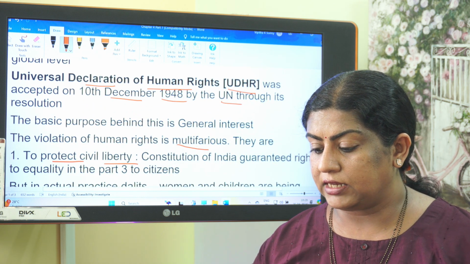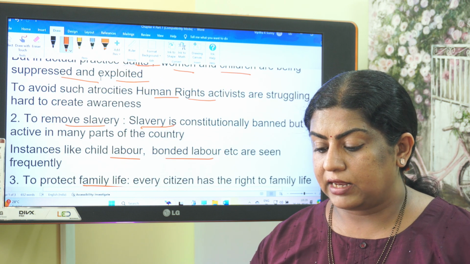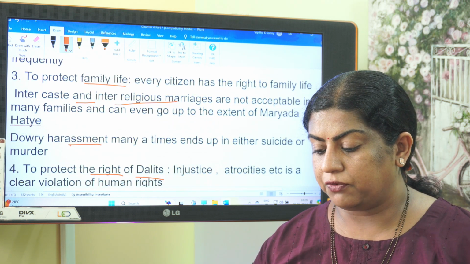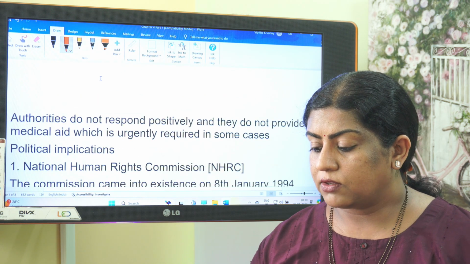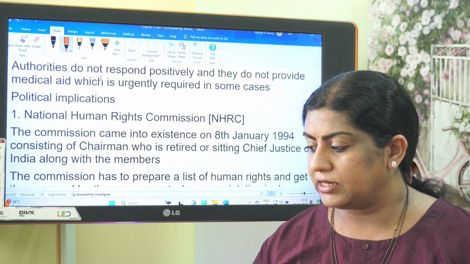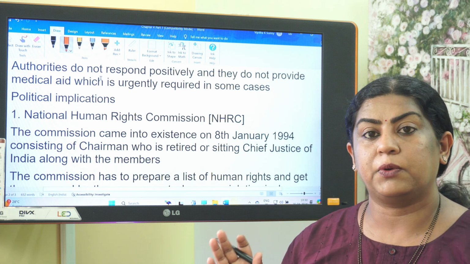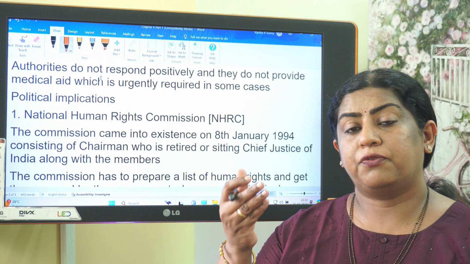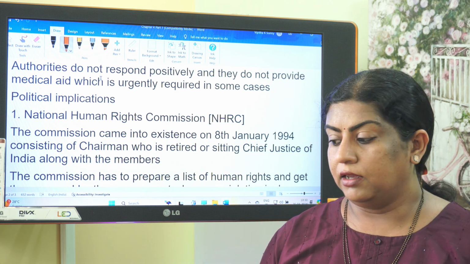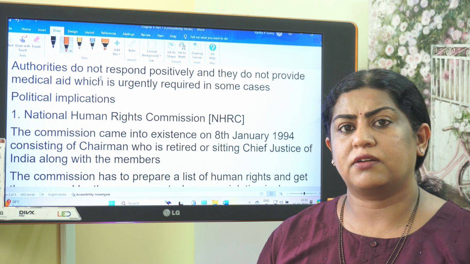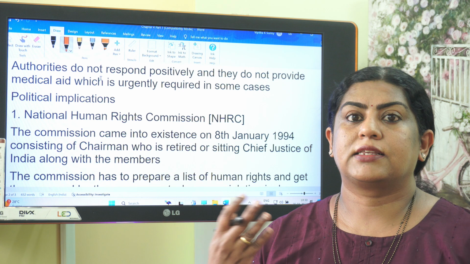Authorities do not respond positively and do not provide medical aid, which is urgently required. For example, if a rape case happened, immediate medical facility and response are required. Sometimes when the victim belongs to a lower class, it does not happen.